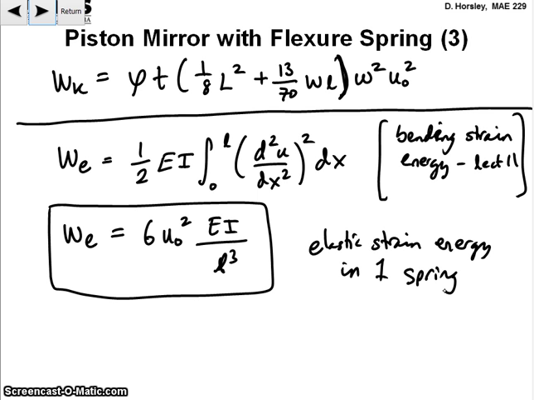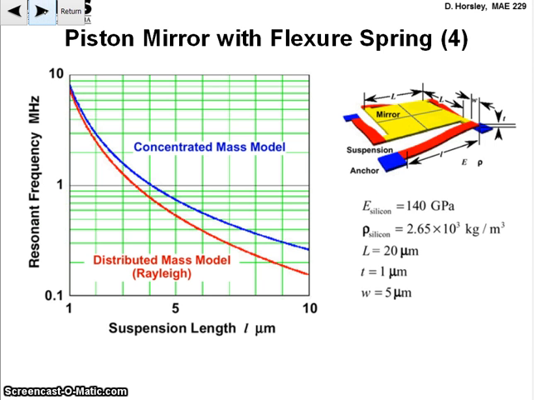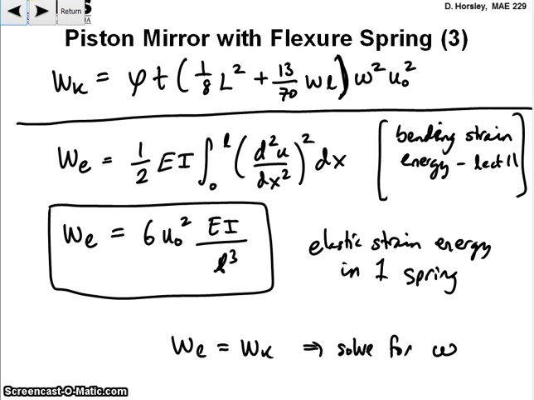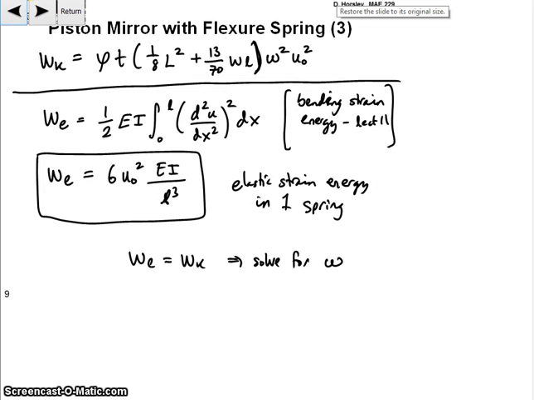And so what we're going to do is equate WE and WK and solve for omega. I'll do that on the next slide, by making this a little bit bigger.